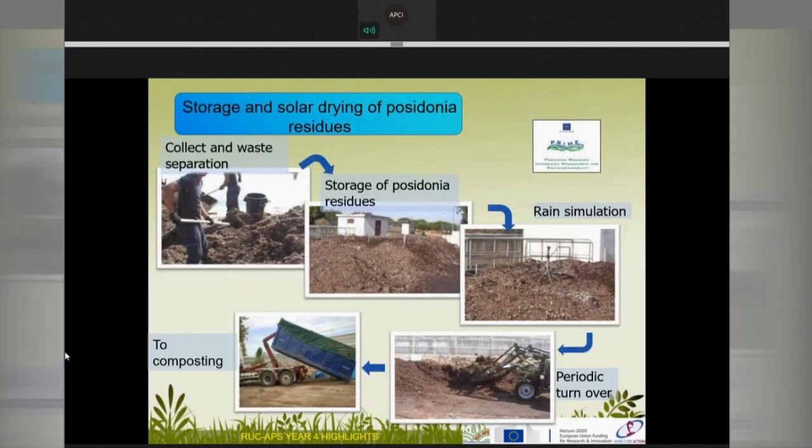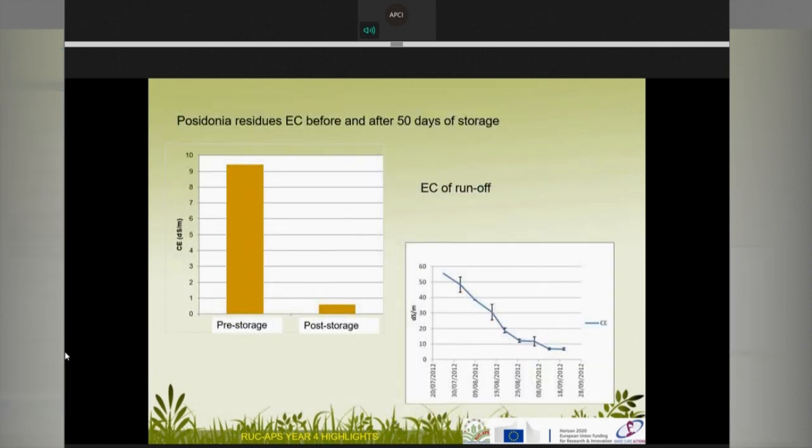On the other hand, the salt content could be reduced by storing Posidonia residues near the beach for a time long enough to ensure that the rainwater washes away the salt. In this trial, we simulated rainfall and measured the quantity of salts washed off. And the results demonstrate that it is possible to reduce the EC of runoff in about 2 months.